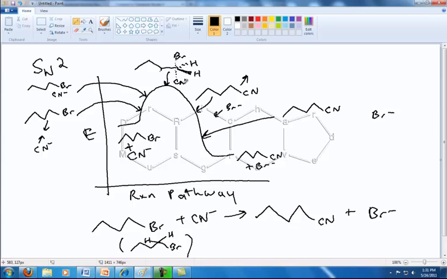Then as the CN attaches and the Br leaves, and they are moving further apart, the energy begins to decrease again until we get to where they're really far apart and energy is quite low down here, and then we get down here to the products. So all of this happened in one step. So it's one hump, it's one step. So that's an SN2 reaction.